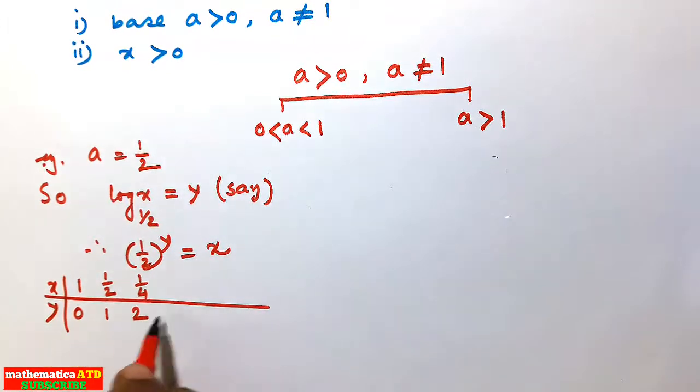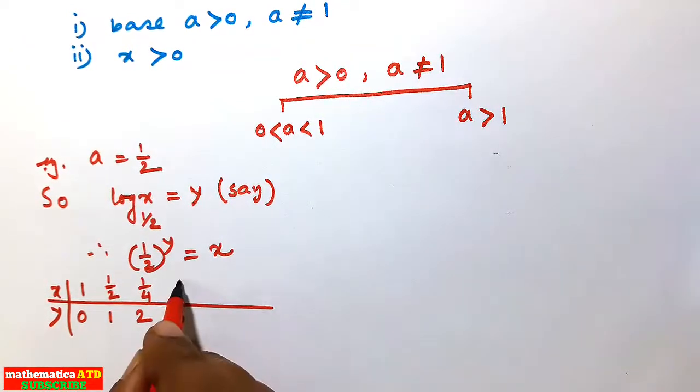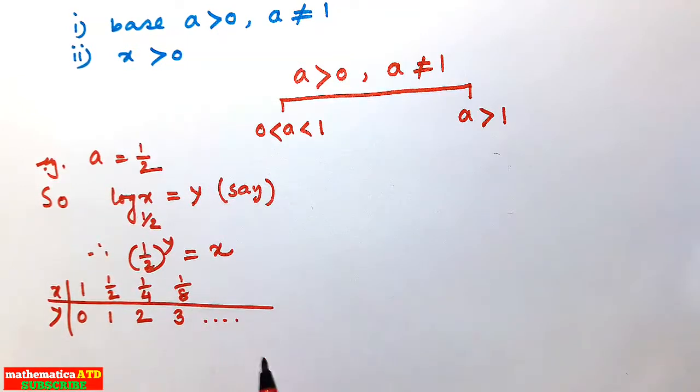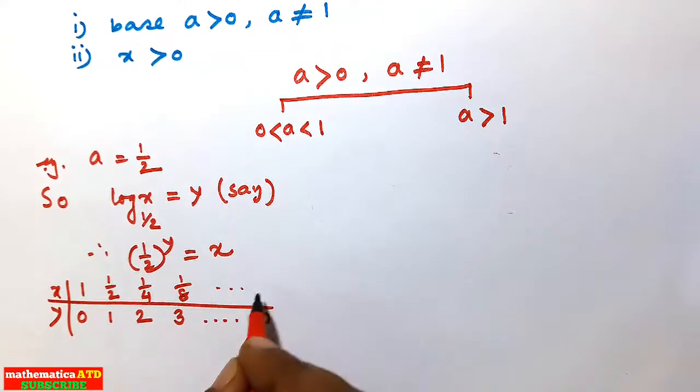When y is equal to 3, then x will be half to the power 3, that is 1/8. In this way we increase. When y is equal to positive infinity, then x is equal to half to the power infinity, that is 0 positive.